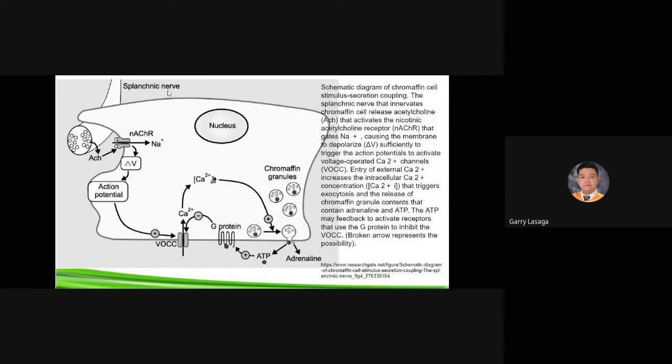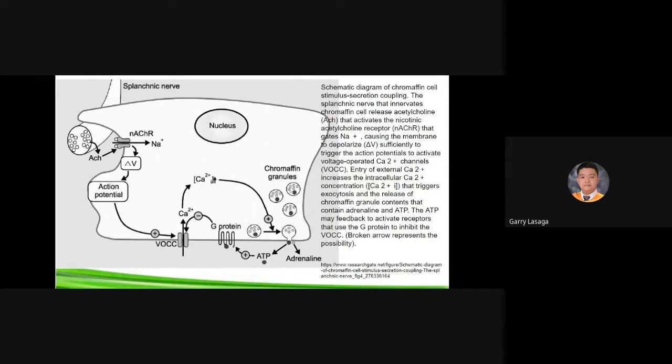A splanchnic nerve is a nerve that will innervate the splanchnic organs. Again, this portion here is the chromaffin cell. We have here the nucleus, the cytosol, and the chromaffin granules.